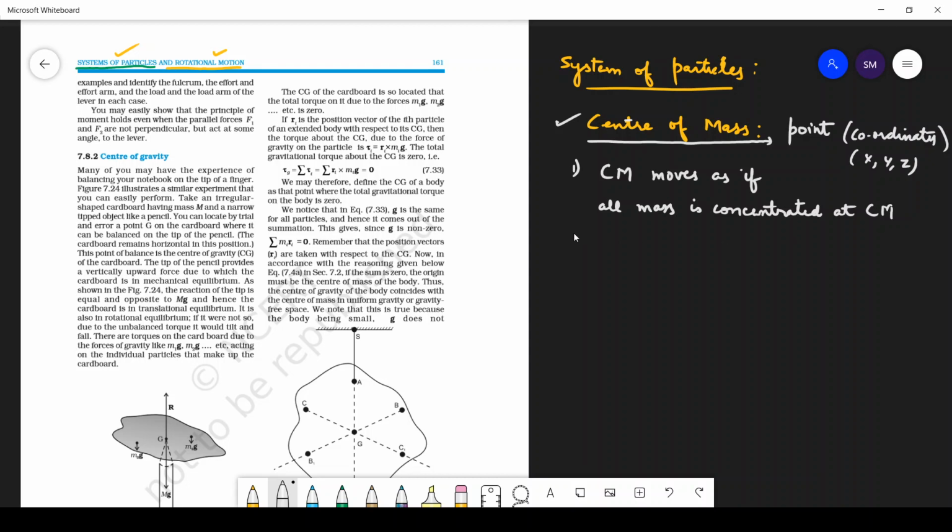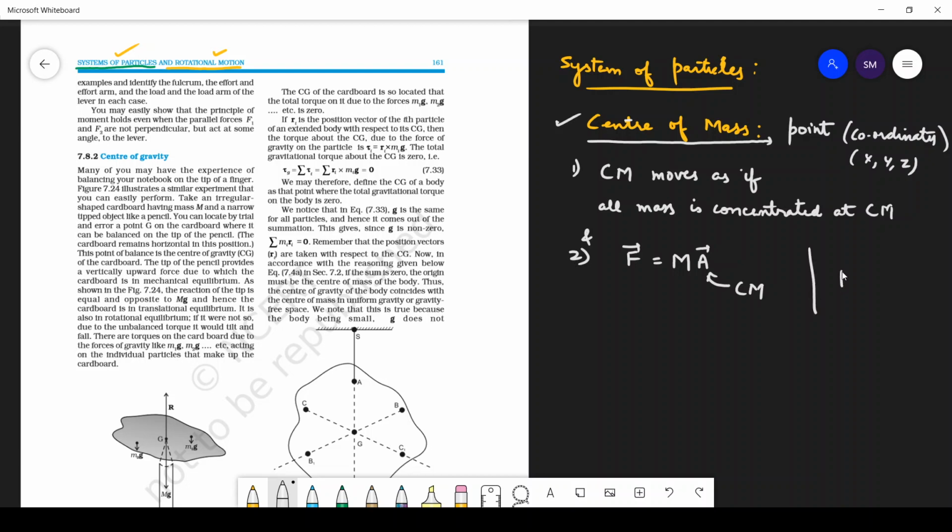And all the external forces are applied at that point. Means F is equals to M A. So A is the acceleration of center of mass. This A, this capital A.